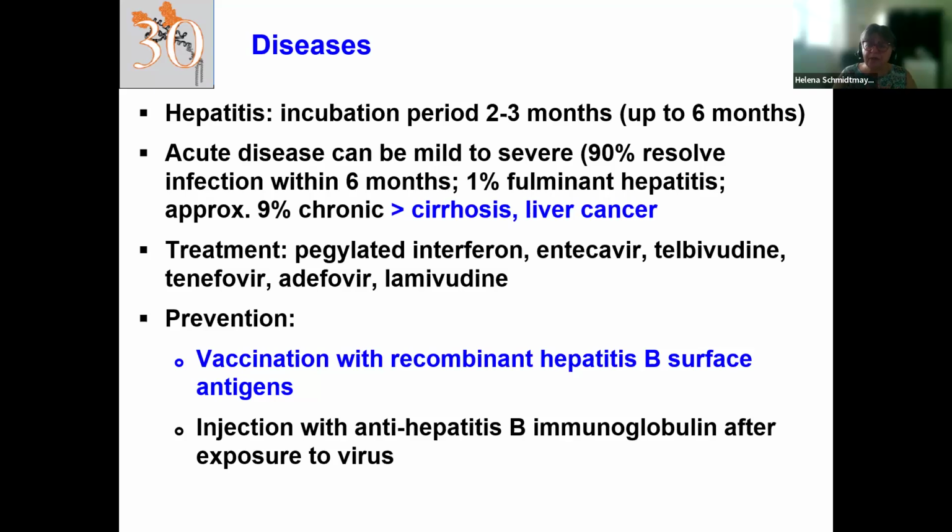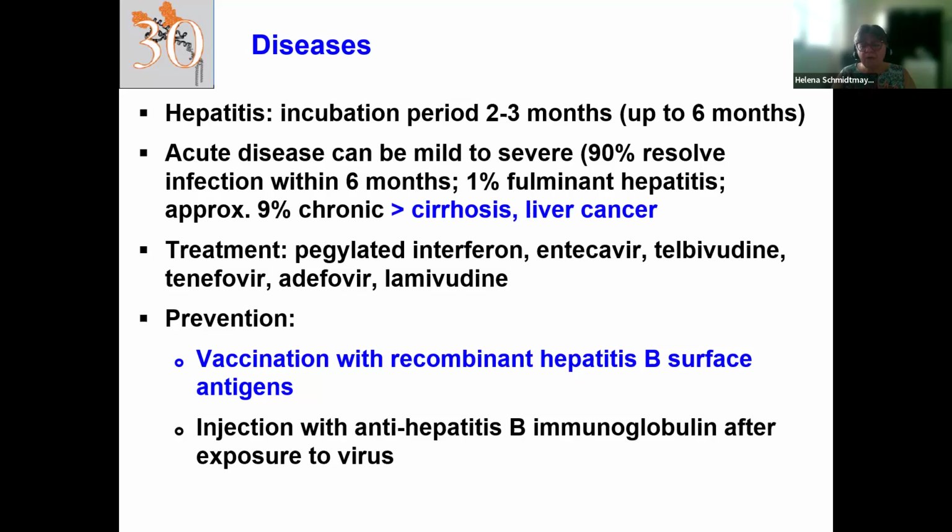The incubation period for hepatitis B virus is between 2 to 3 months, but in some rare cases can last up to 6 months. Prevention is the best way to go, and we have a recombinant vaccine for hepatitis B, which carries those surface antigens.